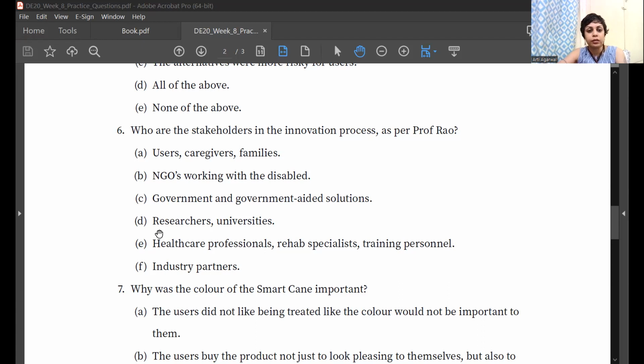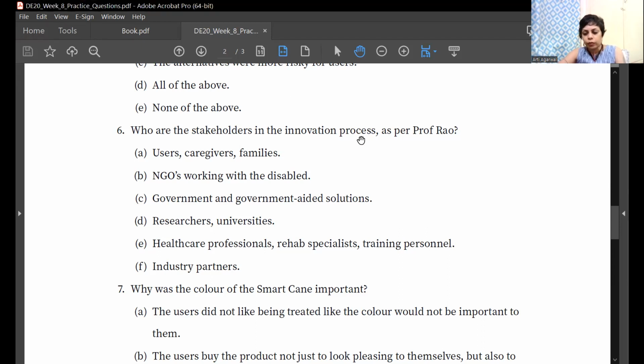For example, in the case of the smart cane, they brought in a lot of technological additions, add-ons, you could say, to the simple standard white cane, which could actually improve the experience of the user a lot, right? So they use ultrasound and they use some way to charge the cane and things like that.